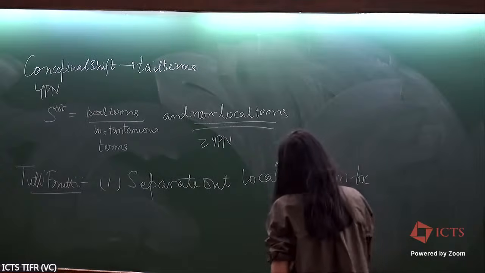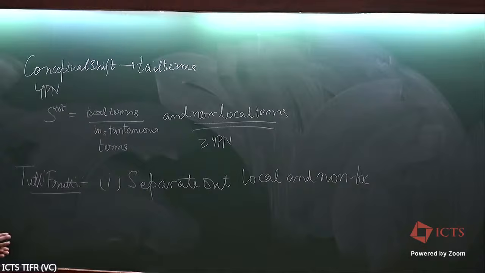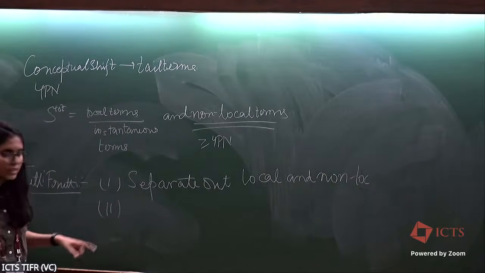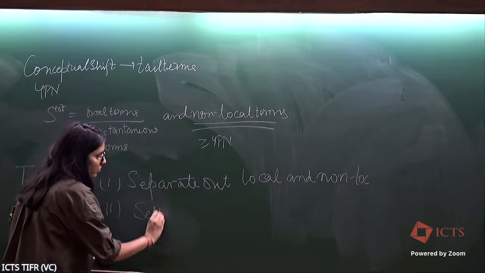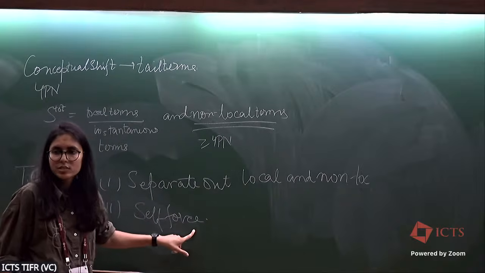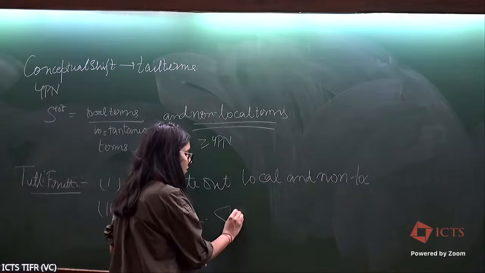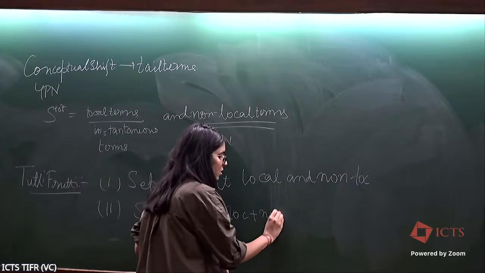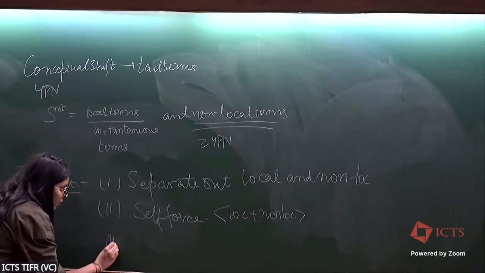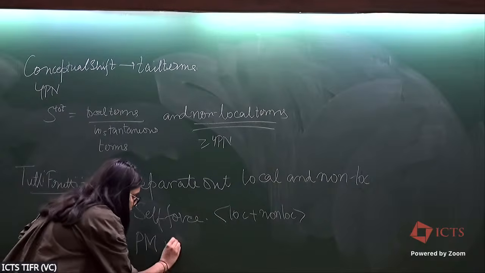For simplicity, I will start writing non-loc instead of full non-local. Use the self-force results. Note that self-force results have both the local and the non-local piece. And then finally, you also use the post-Minkowski results.